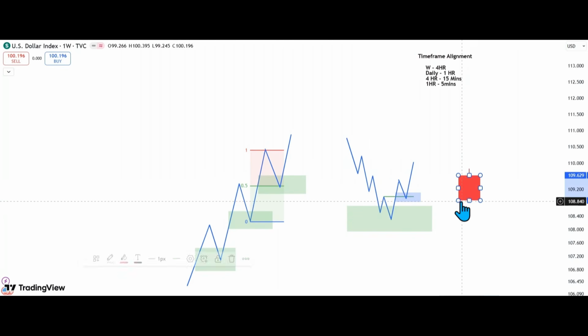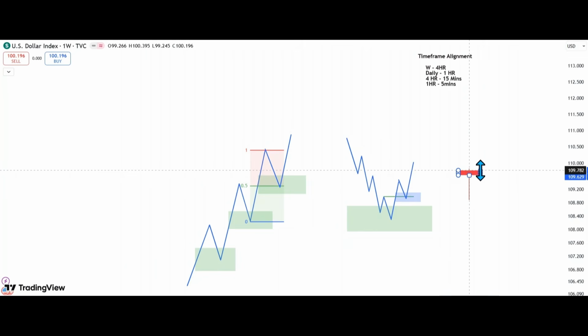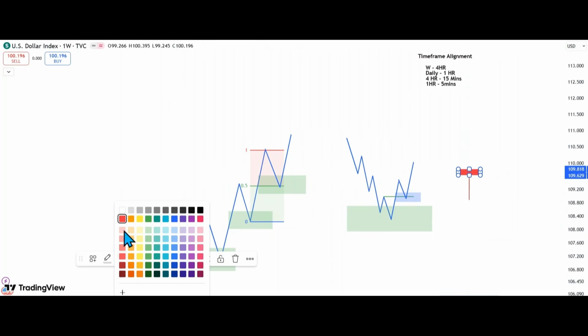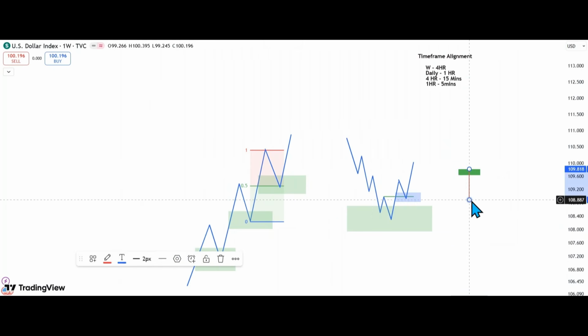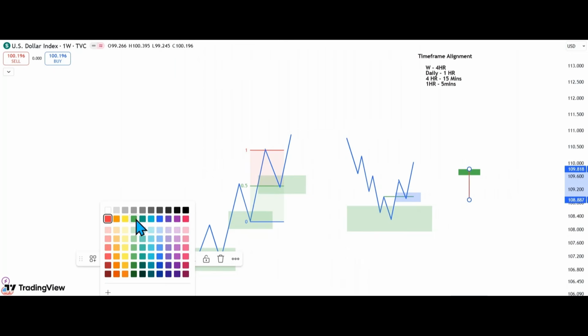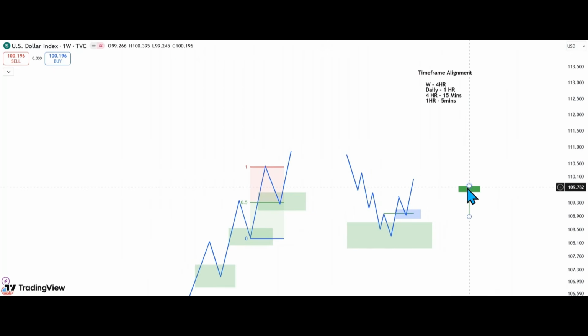Then now on Wednesday, we start seeing this. So if you get an entry when the weekly candle is still here, or even when we have just flipped a little bit, we're above the open. So in this case, it will be a bullish candle. Anytime you're above the open, you can take advantage of this whole weekly range expansion.